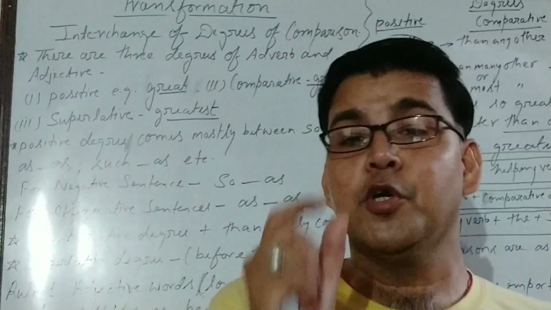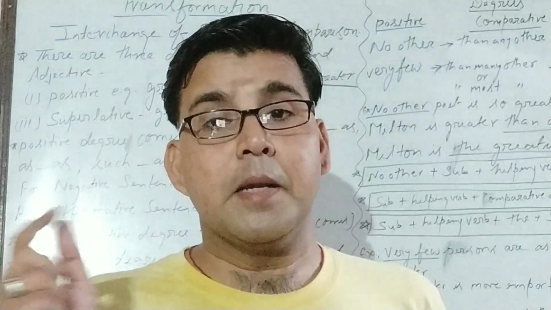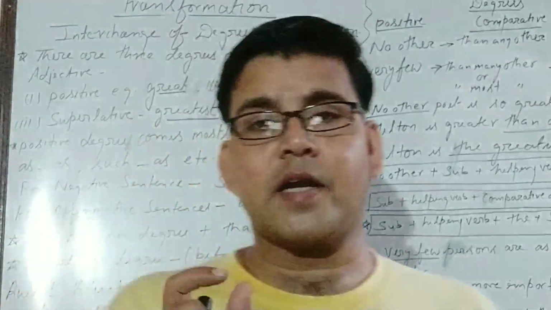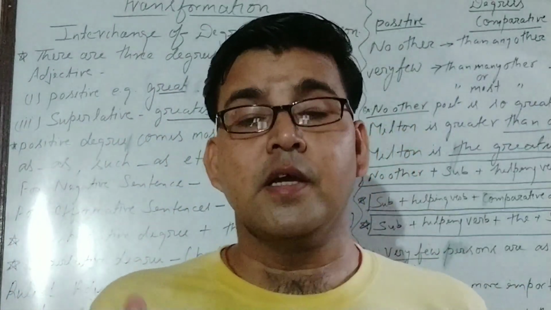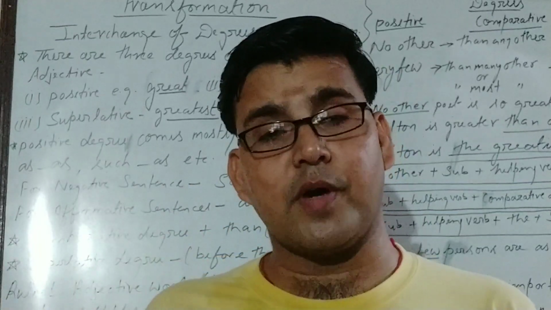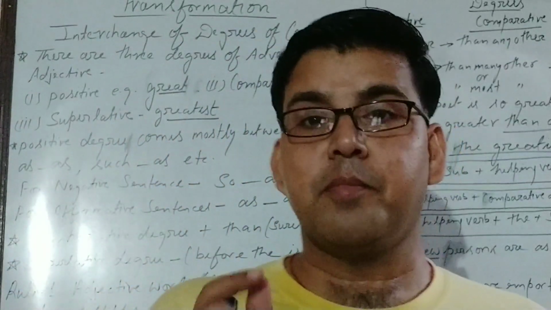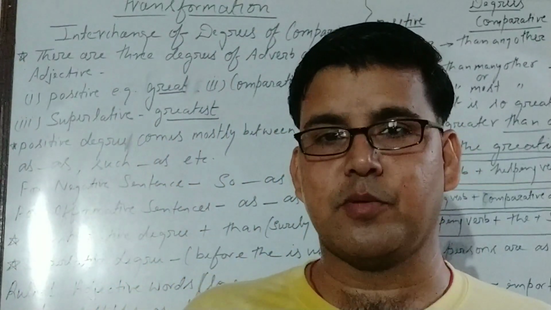Once again, John is not so tall as his father, because the sentence is negative, that is why we are using so as. Now the next example, John is as tall as his father. We are using as because the sentence is positive, the sentence is affirmative actually.